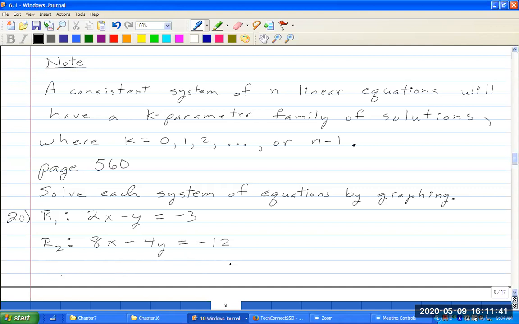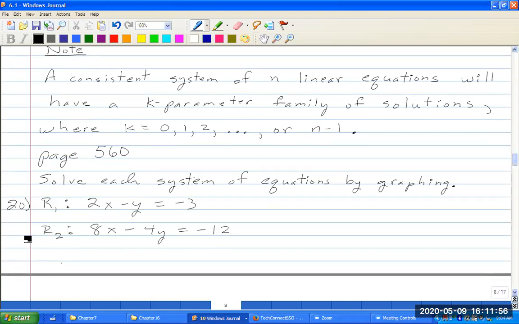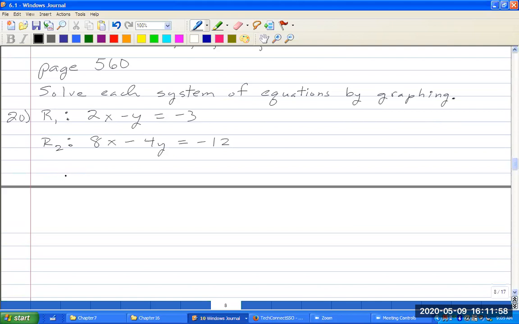In problem 20, I have equation 2x minus y equals negative 3 and equation 8x minus 4y equals negative 12. Let me call those R1 and R2 so that I can refer back to them. Let's solve for R1 first. So let's try to graph R1.